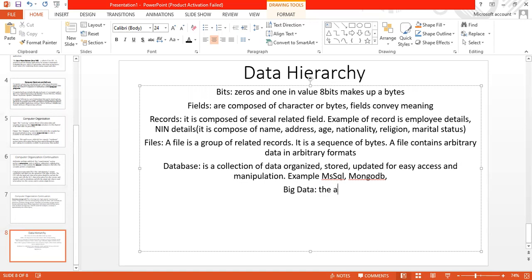It is the amount of data being produced worldwide. The amount of data being produced worldwide is enormous and can grow quickly.